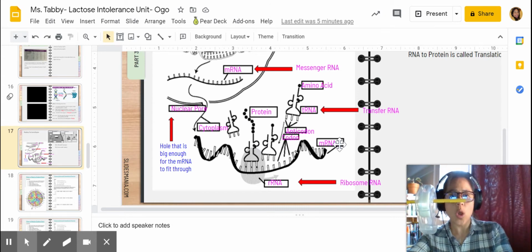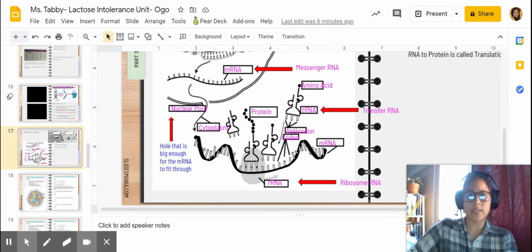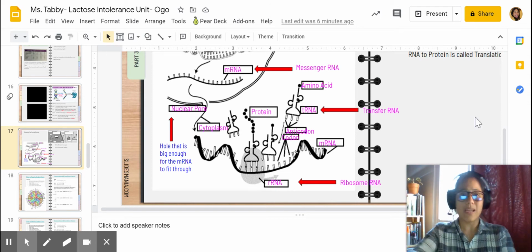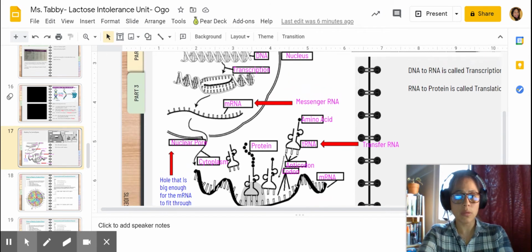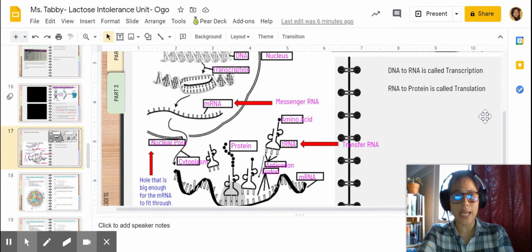And what I wanted you to take away from this, and you should have written this down, is that your DNA to RNA is transcription, and your RNA to protein is called translation, and that proteins are made of amino acids.